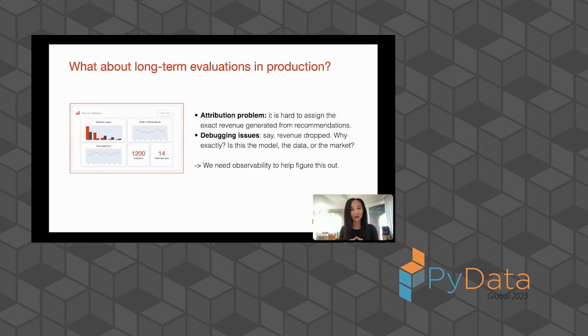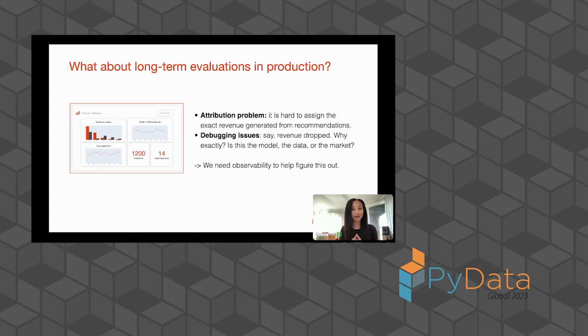Especially when we have deployed our recommender system to production and later we want to see how much additional value, how much additional revenue, we are able to generate with the help of our recommender system. In this case, you have two main problems. First is the attribution problem, right? Because when we already use our recommender system in production, it's really hard to assign the exact part of our revenue to the recommender system, right?